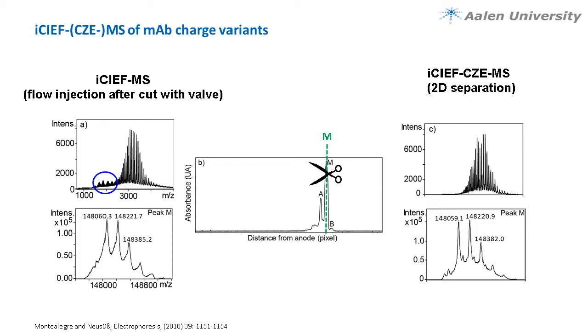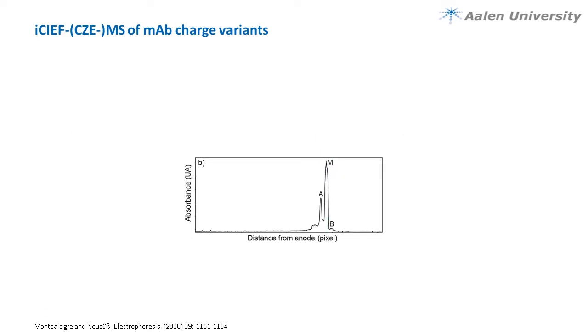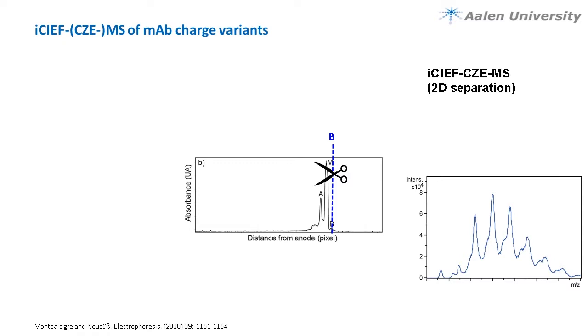Of course, the main peak is not what is of interest. We are interested mostly in the variants, and have a look at this small tiny peak of the basic variant, and indeed it was possible to characterize this pretty well. If you cut the basic variants there, you will see the deconvoluted spectrum on the right-hand side, and the quality is good enough to see the glycosylation pattern.